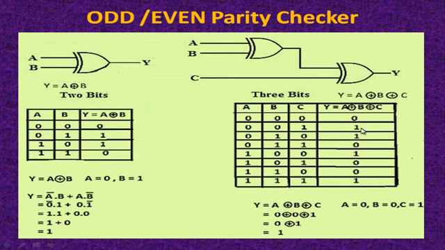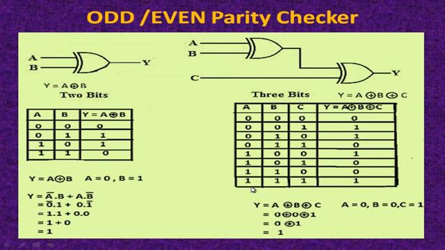So in case second, case third, case fifth, and this last eighth case, in all these cases you can observe there are an odd number of high inputs. Is that clear? Here also an odd number of inputs are high, so the output will be high. And what about the remaining? There are an even number of inputs high, therefore the output will be 0.